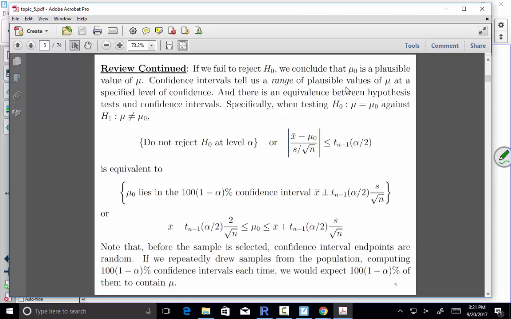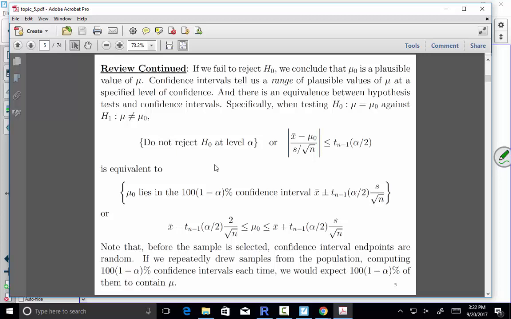What we're doing with hypothesis testing is we are trying to choose between two possibilities. The null possibility or hypothesis is that the mean is equal to some selected value. And the alternative or research hypothesis is that that's not the case. So we want to look at our data and ask which of those two possibilities do the data support most.